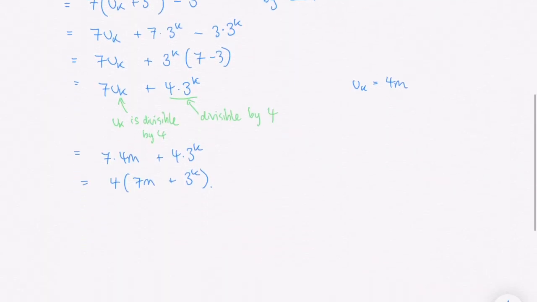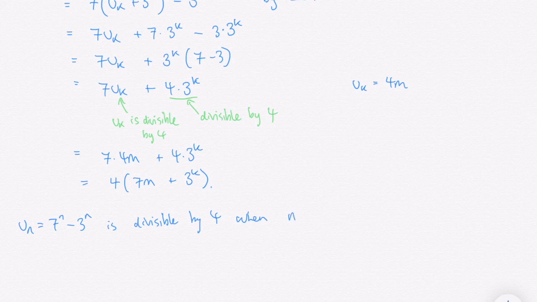So what have we done? Well, we have shown that u_n equals 7 to the n minus 3 to the n is divisible by 4 when n equals 1.